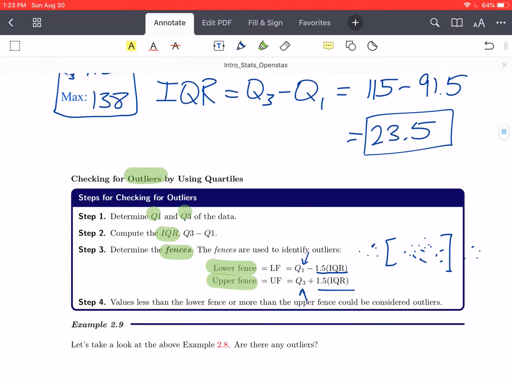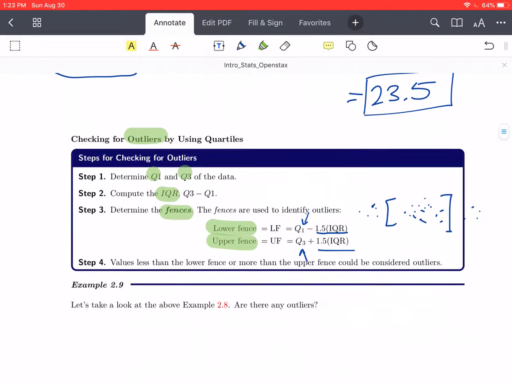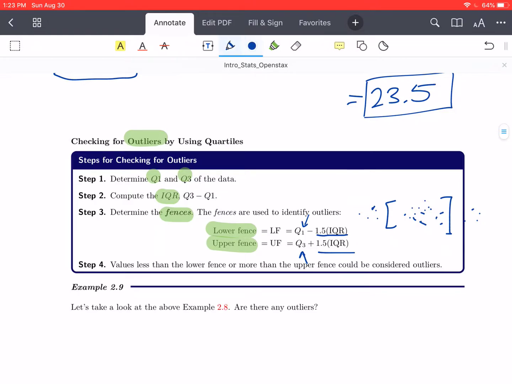So let's look at the example we just did. Are there any outliers in this data set? Well, we need the lower fence and the upper fence. So lower fence is quartile 1, which we got up there was 91.5, minus 1.5 times the interquartile range, which is 23.5.